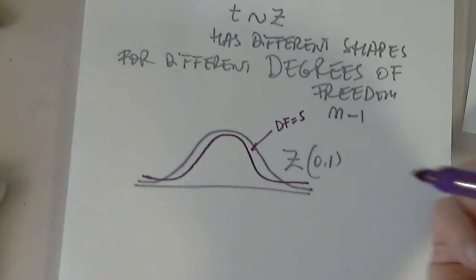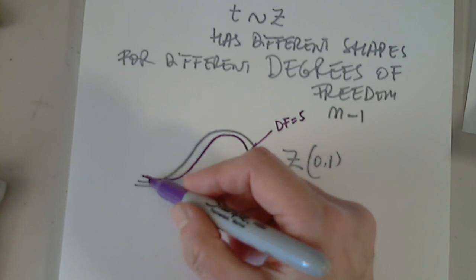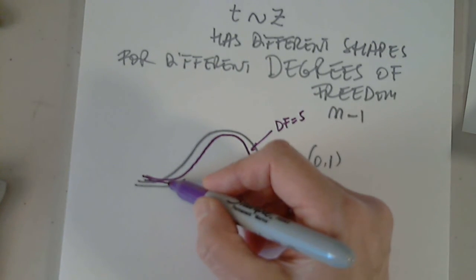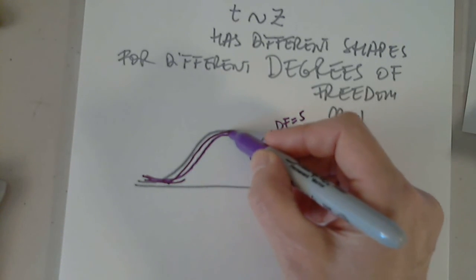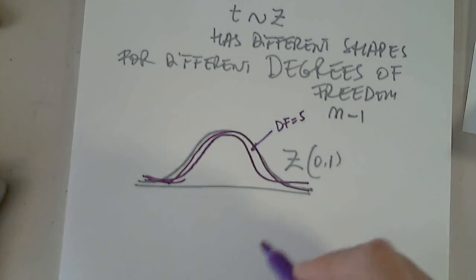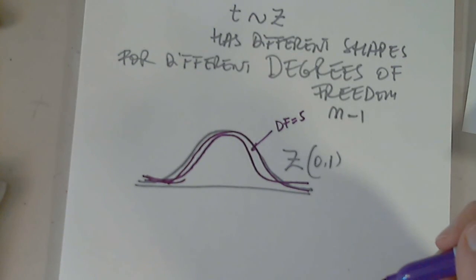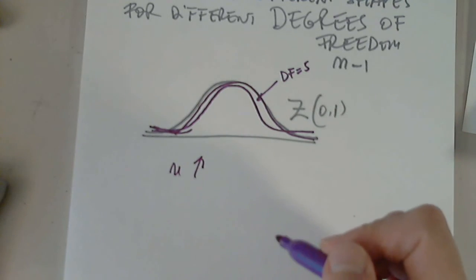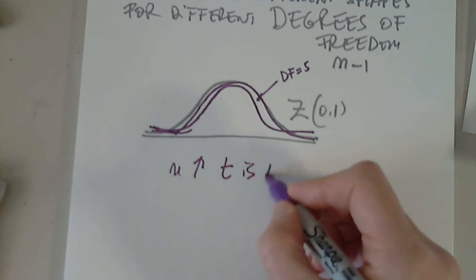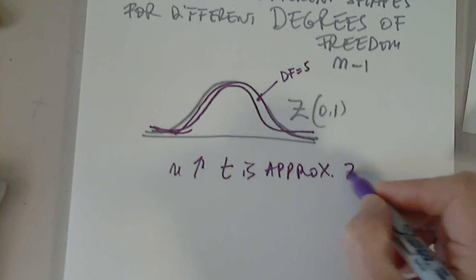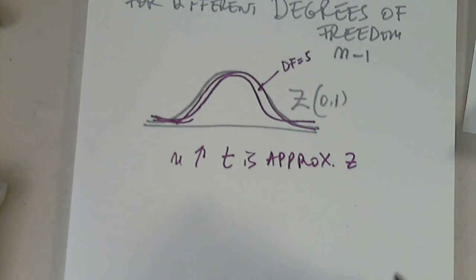But as the number of degrees of freedom increases, the graph gets closer and closer to the Z distribution. So as n increases, T is approximately Z. In other words, if we have a large sample size and apply the T distribution or the Z distribution, there will still be a tiny error, but it will be very small.